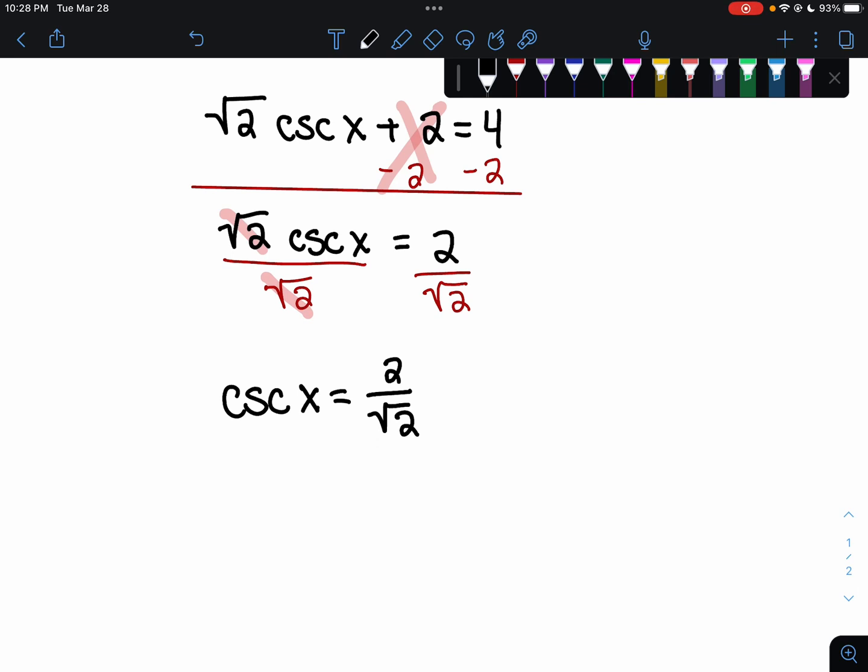We focus on sine, cosine, and tangent. So what you need to know is cosecant goes with sine. And if we think back to our SOHCAHTOA days, all I need to do to go from secant or cosecant to sine is flip the fraction, and it becomes rad 2 over 2.